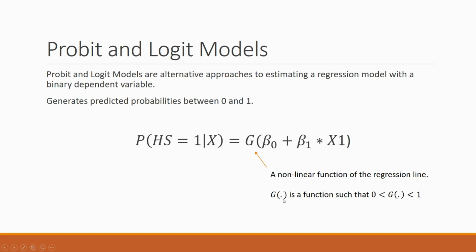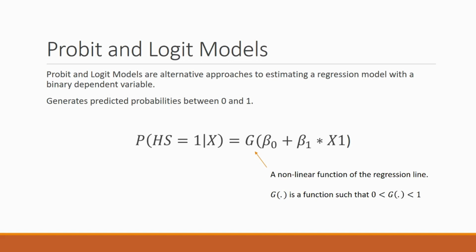This g function, this g of something, is a function such that g is always greater than 0 and less than 1. When we do this, we're guaranteeing that the probability is between 0 and 1, and that makes sense. You can't have more than a 100% probability that someone will have a high school degree.